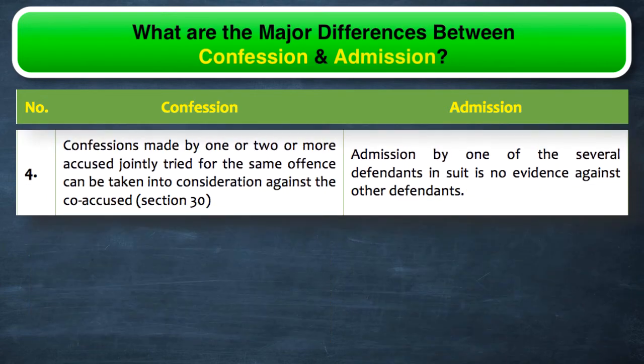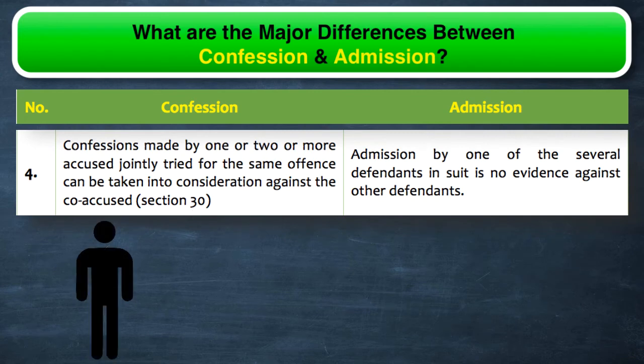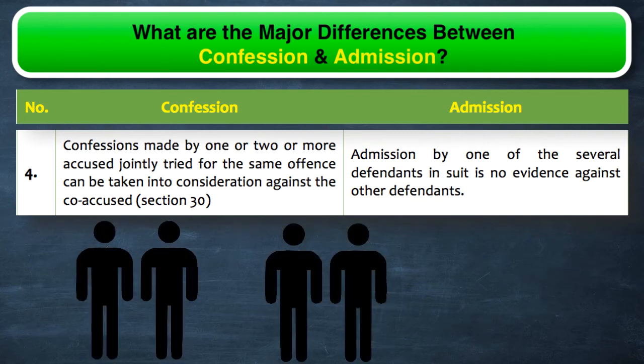Next point is that confessions made by one or more accused jointly tried for the same offense can be taken into consideration against the co-accused, section 30. What does it mean? See, in a crime there are four persons.